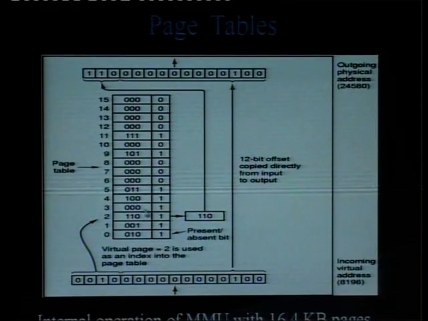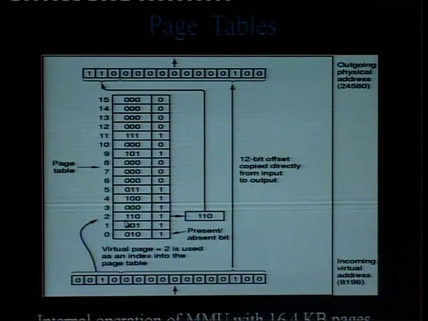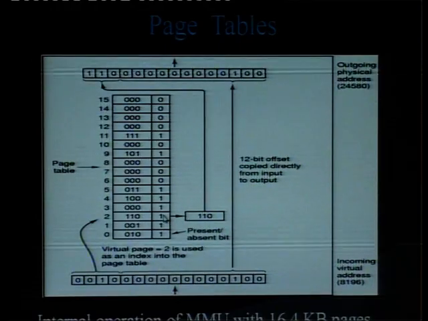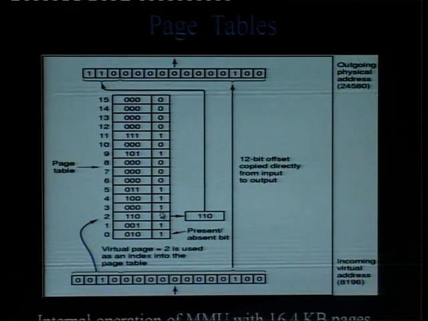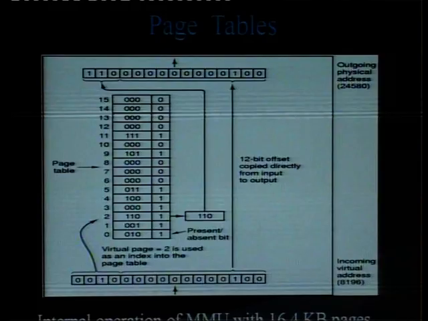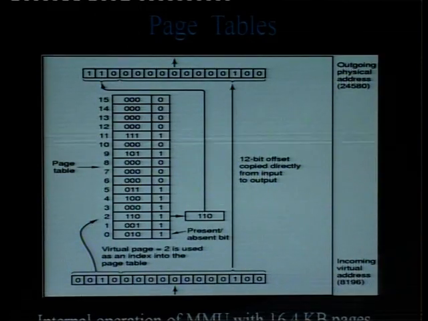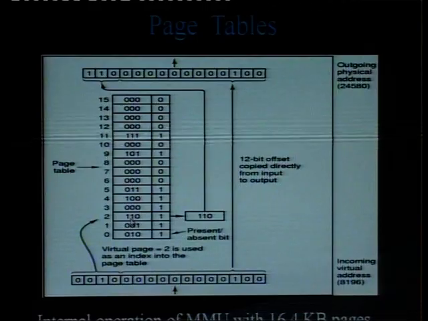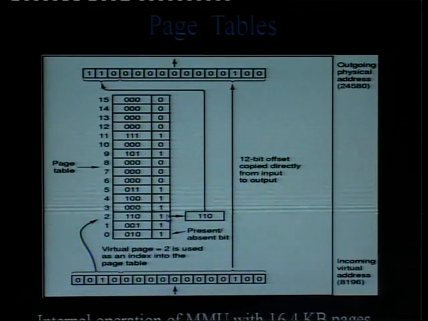Here we are getting a frame, and these are the protection bits. The protection bit is present or absent: if the page is available in main memory, then that bit is 1. If that page is missing, then it will be 0. So 2 is the index, here is the frame number, and here is the present or absent bit.